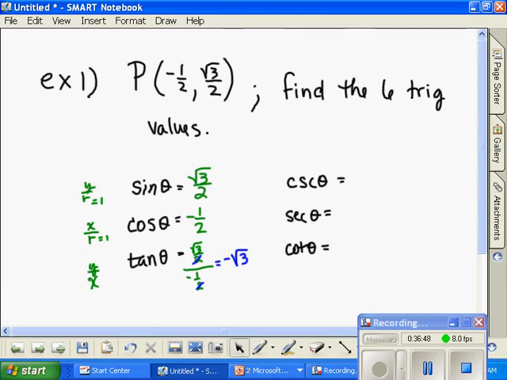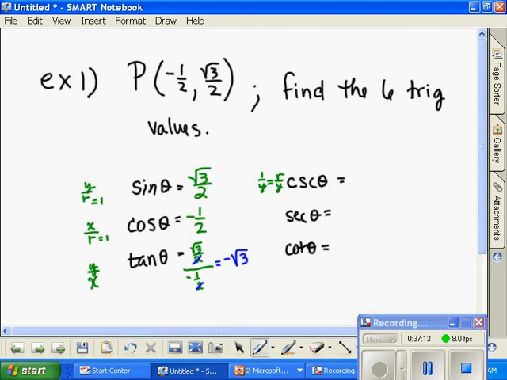All right. So cosecant, the definition of that is r over y. Ooh. Okay, so really that's like 1 over y. True? Okay. Another way to say that, if it's 1 over y, y is already a fraction, correct?